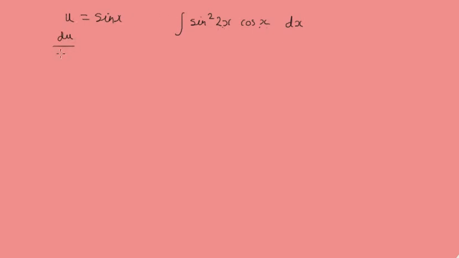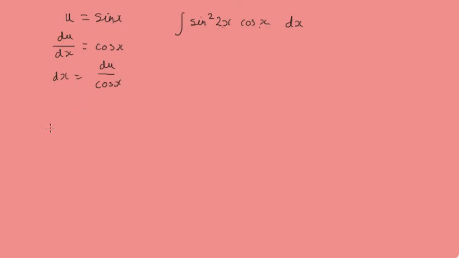Right, so let's go back to our substitution. We'll differentiate it. du by dx is going to be cos x, and dx is therefore going to be du over cos x.